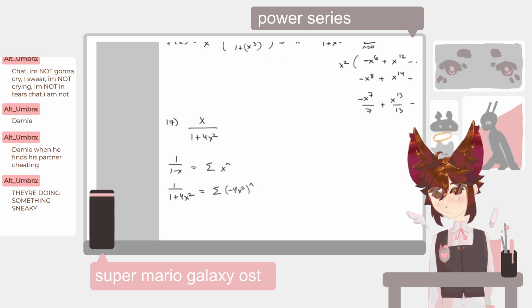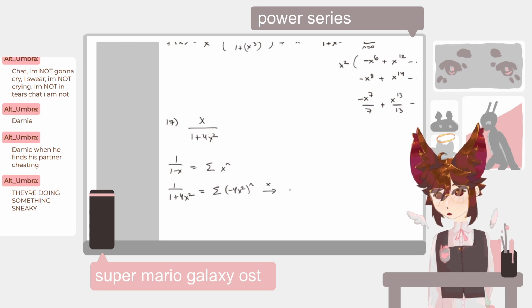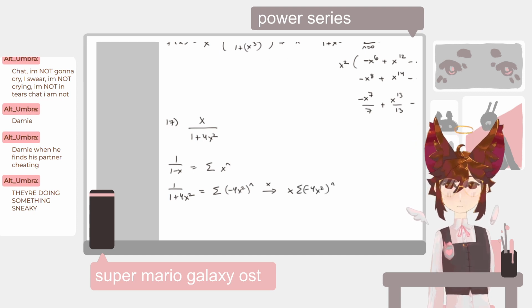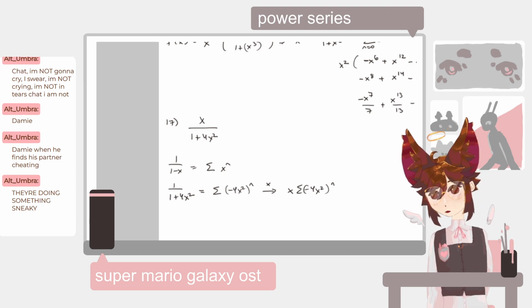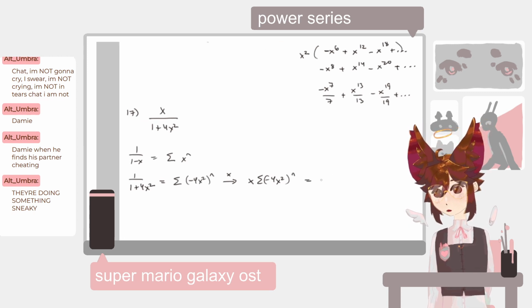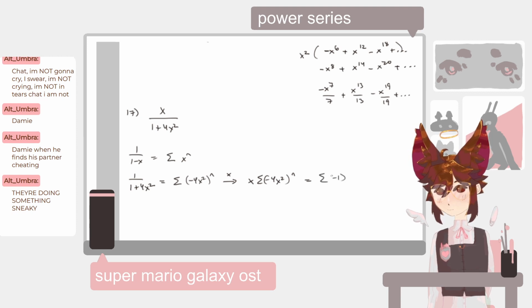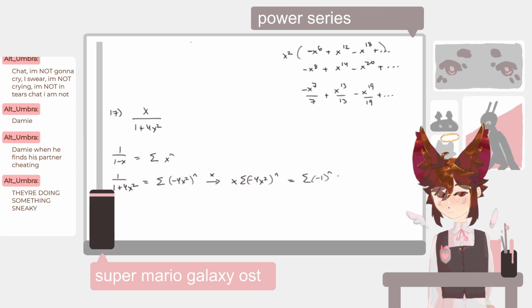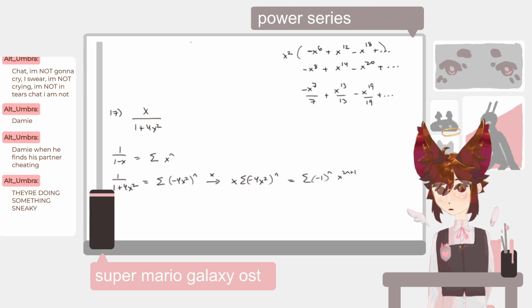Then we multiply this by x, which will be x times negative 4x squared to the n. Yeah? Which is going to equal, sorry, sigma, negative 1 to the n, x to the 2n plus 1? Maybe?